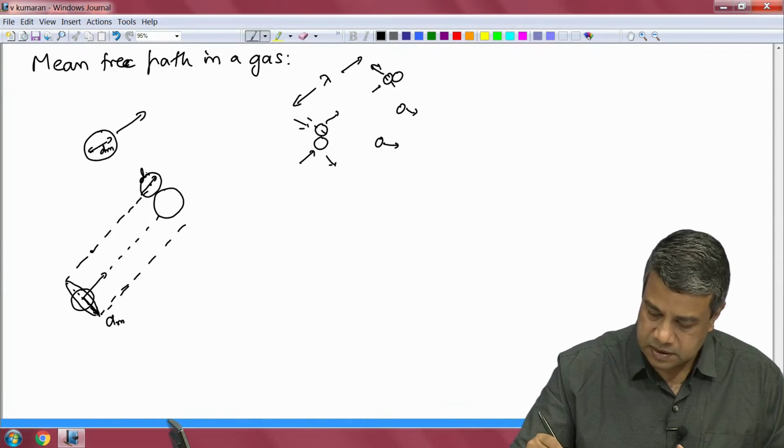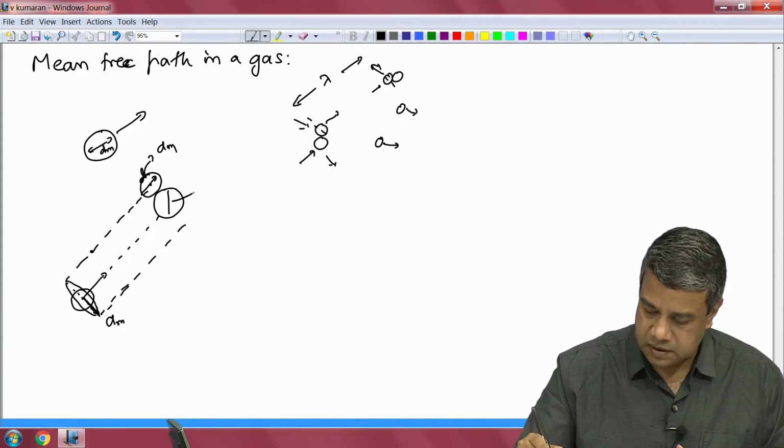In such a way that when the center of a second molecule comes onto the surface, the surfaces of the two molecules are in touch and there is a collision.